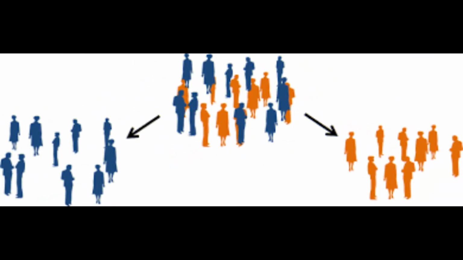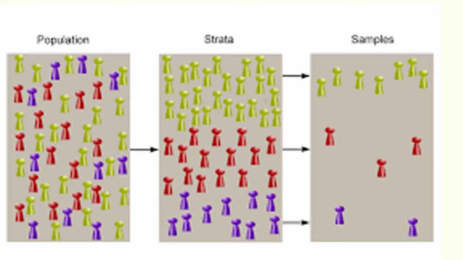For example, ipagsasama-samahin natin lahat ng mga matatanda, lahat ng mga middle-aged, at saka lahat ng mga bata. So, kunwari, yung yellow ay puro matatanda, yung red ay mga young men and women, and the purple ones are the children. And then, saka pa lang ako kukuha ng samples out from the groups that I have created. So, that is stratified sampling.